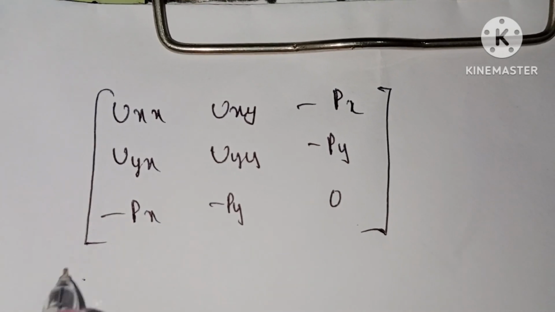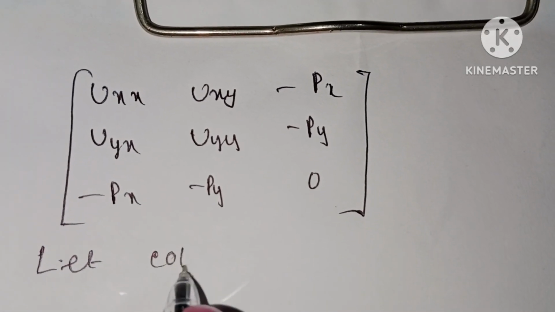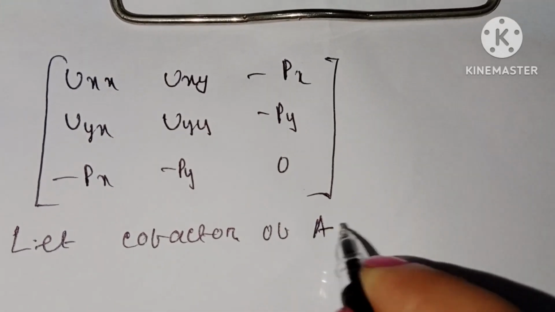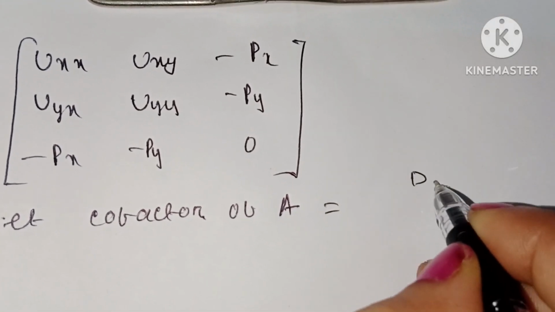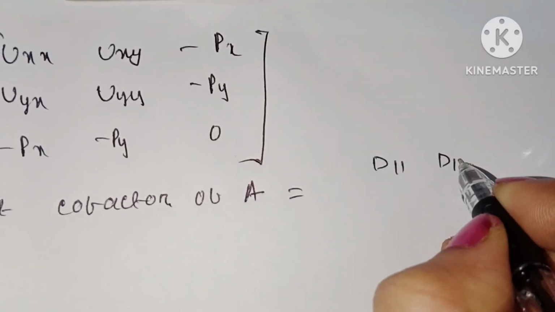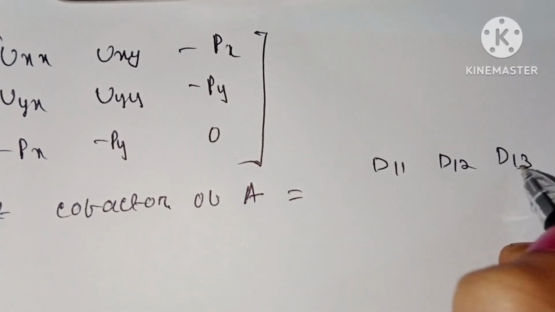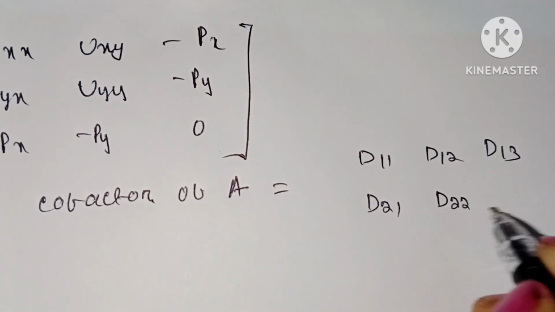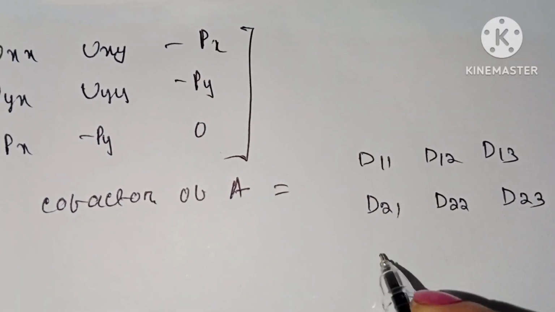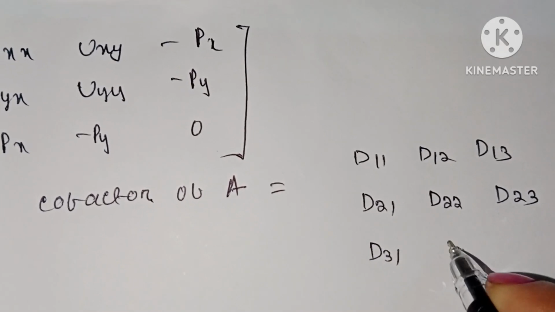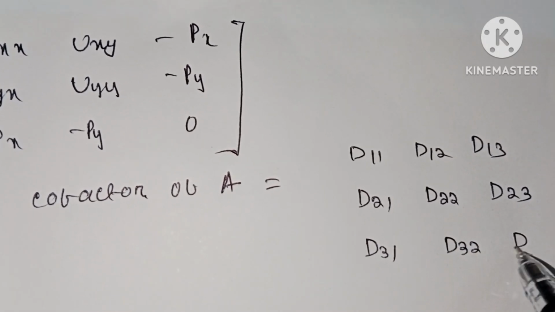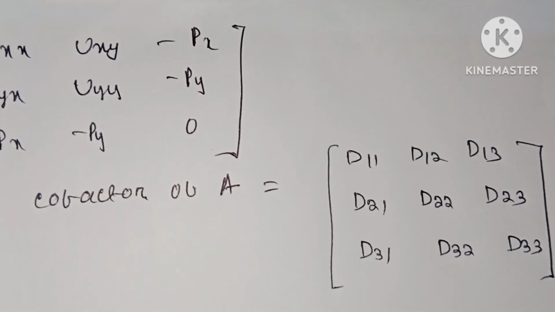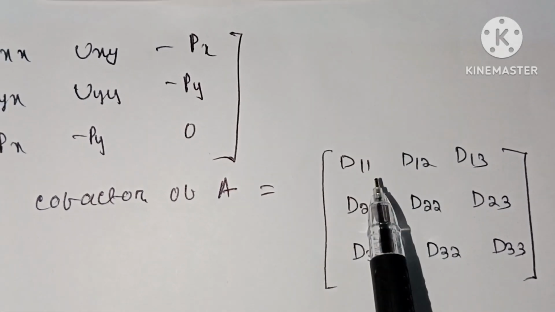So now, let the cofactor of A be equal to D11, D12, D13, D21, D22, D23, and D31, D32 and D33. What is D11?